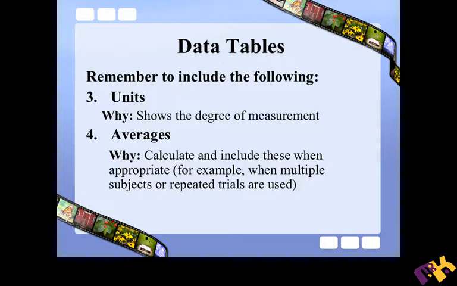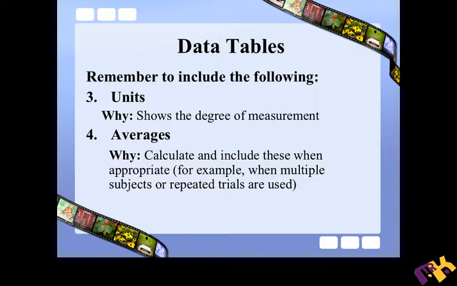Because we want to make sure, when we get our data set, that if I measure plant 1, and then measure the other plants, and then come back to plant 1 and measure it again, those two measurements from the same plant should be pretty close, if not the same. It confirms that we're measuring them correctly and with the highest degree of precision that we can. So we would want to average that and then plop that into our data table.